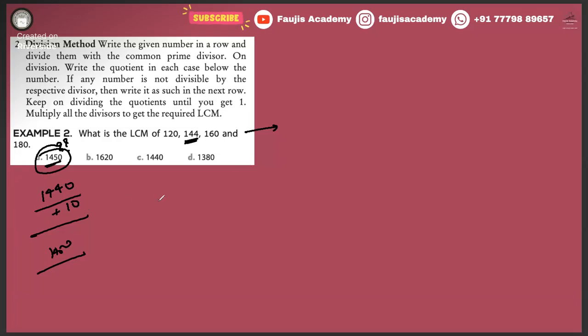Let's say I'm having a number, 22, and I'm trying to divide it by 6. Yes or no? We know 18 is the multiple of 6, and the next multiple is 24. So 22 is not a multiple of 6. This is also one of the ways of thinking.